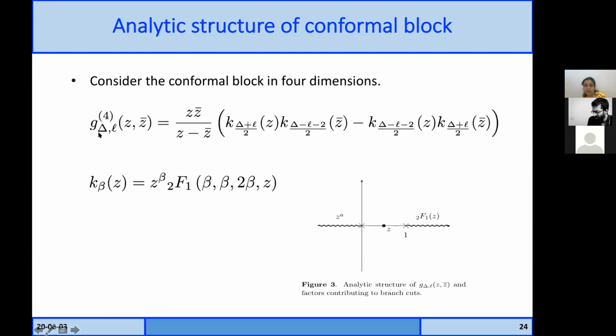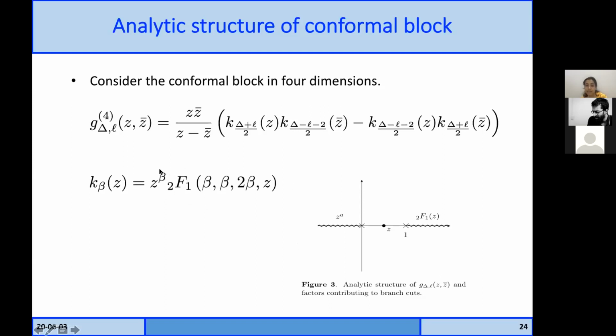So if you closely look into this form, we'll see that the conformal block in 4 dimensions has 2 different structures in Z. So from this power, it has a power law dependence, which is Z power alpha, Z power beta. And from this sector, it has a hypergeometric function.